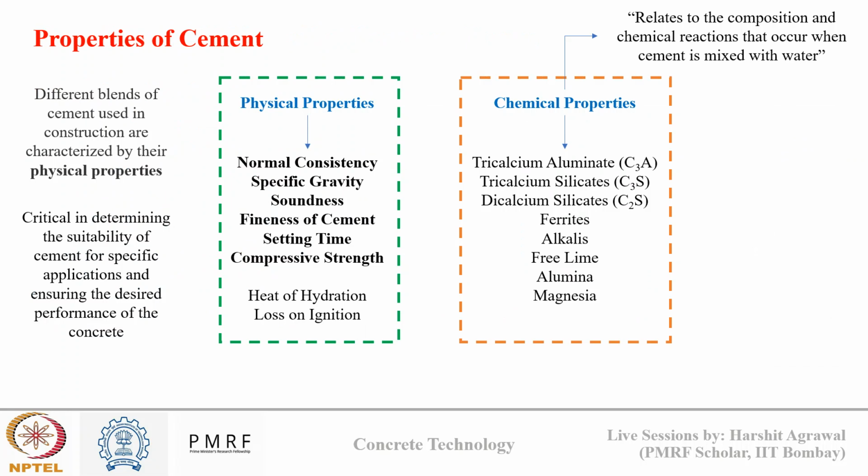So we talked about different physical properties of cement. Those were normal consistency, specific gravity, soundness, fineness, setting time, and compressive strength. And we saw how IS code defines these properties in terms of how testing is conducted and what are the limits that have been set for OPC cement regarding these properties.